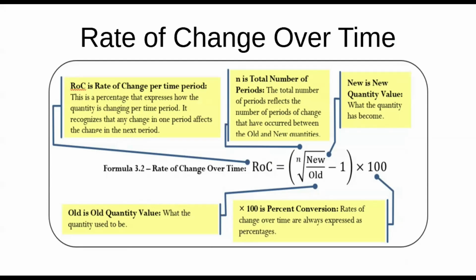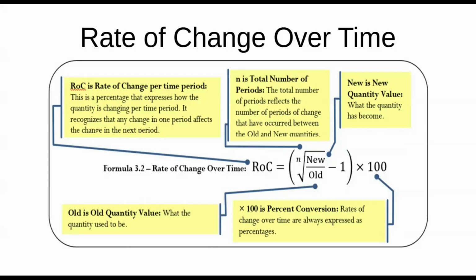When we talked about that population growth just now, that was over many years. So sometimes people want to know, instead of the percent change over a long period of time, they want to break it up and say, what happened in the first year? What happened in the second year? What happened in the third year? That sort of thing.